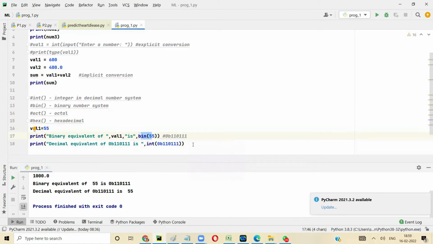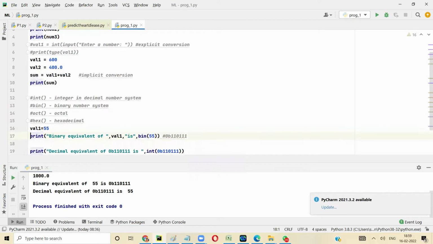See, when we are doing an f string, let's say I want to use this format, or f string, then I don't have to give all the commas. I put f here, and then I will go and convert this into, okay, like this.